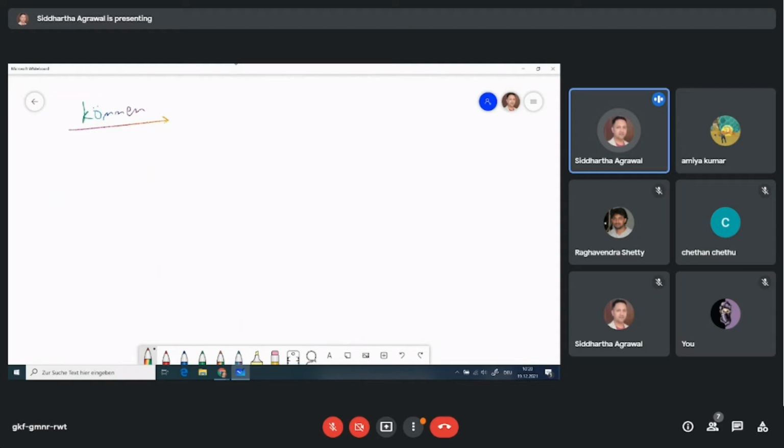But in case we are making a question, then the modal verb comes at the first place. So especially for Raghu, if you are asking somebody, can you swim?